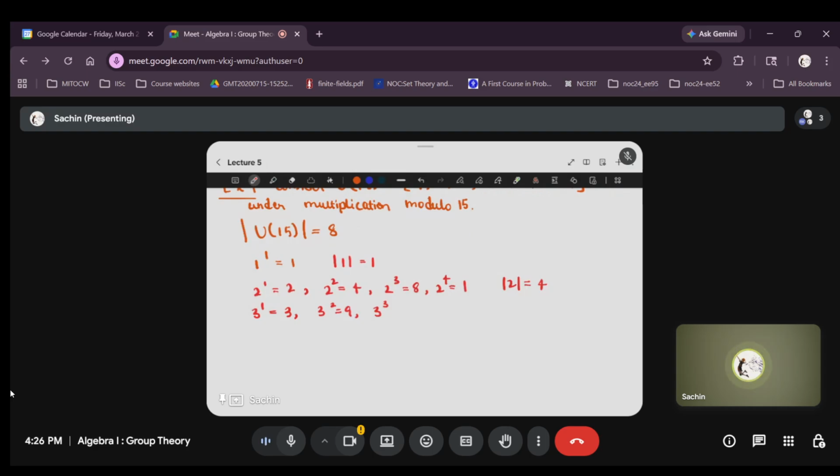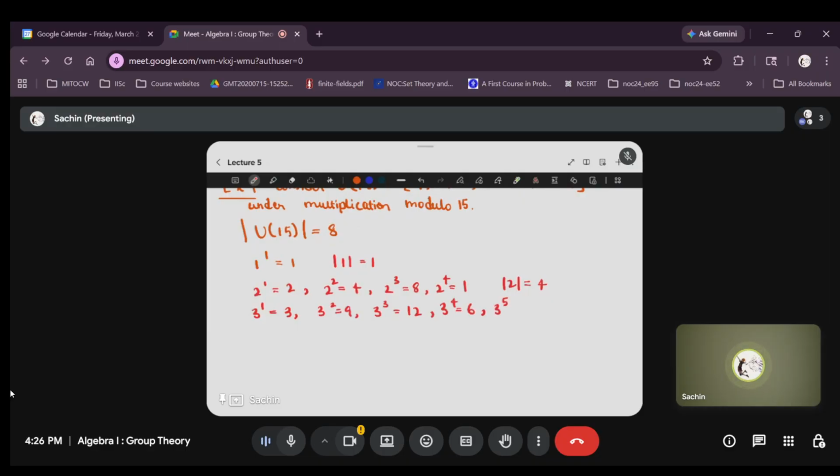3 cube is 27, which is 12. I think I wrote 13. Yeah, it is 12, not 13. So 3 power 4 is, oh, maybe I wrote 12 actually. 3 power 4 is 6.